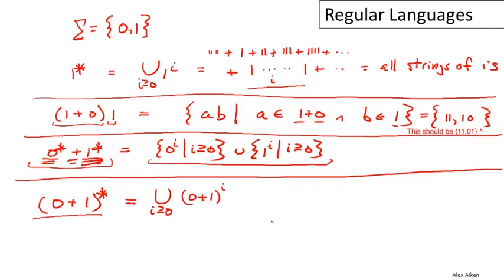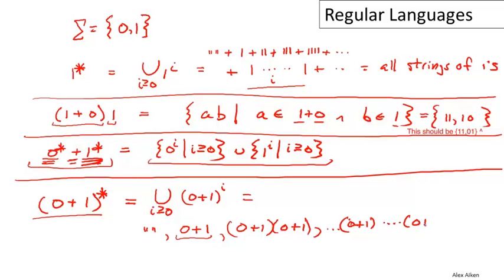And what does that look like? First of all, there's the empty string. And then another set of strings is from the language 0 plus 1, and then 0 plus 1 concatenated with itself. And in general, it's going to be 0 plus 1 concatenated with itself i times.